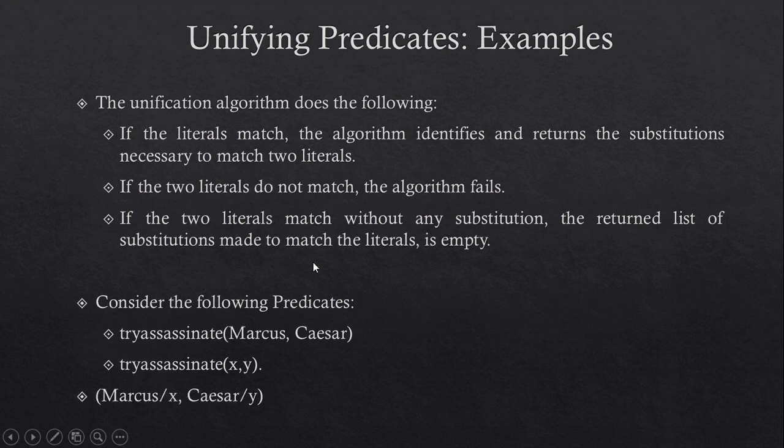Yes, the list of substitutions would be written as Marcus for x, Caesar for y. This is how we will be writing the substitutions when we will generate proofs using resolution.